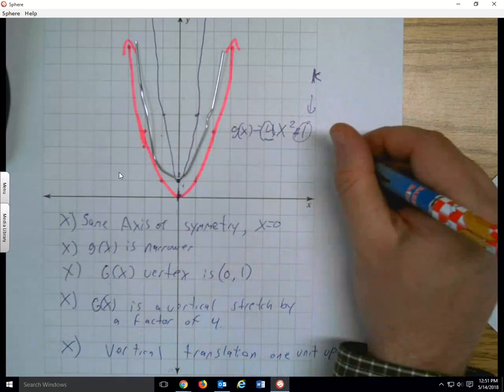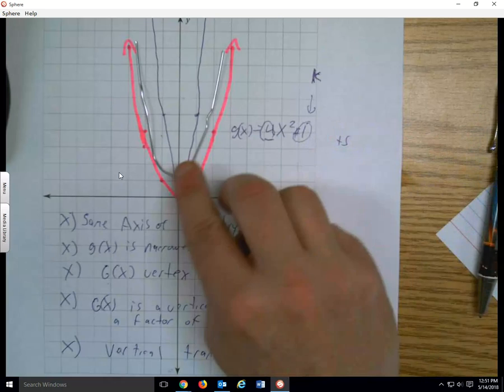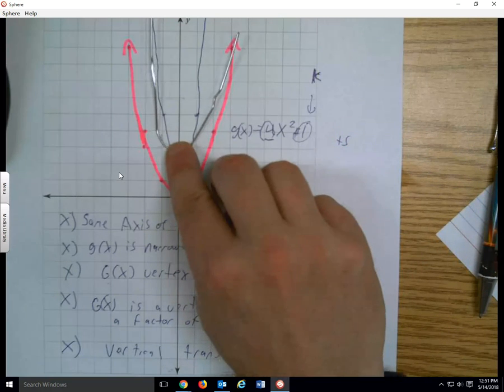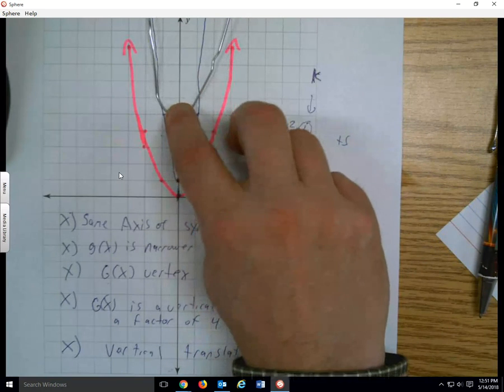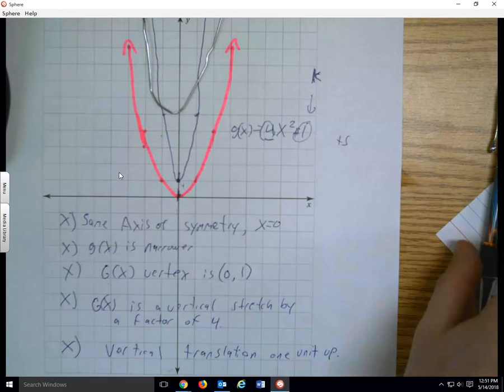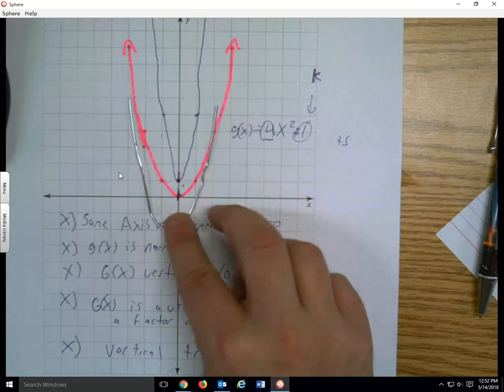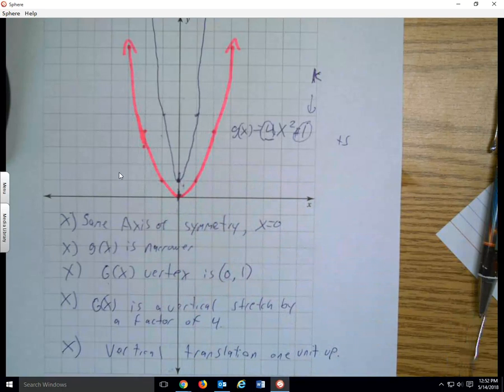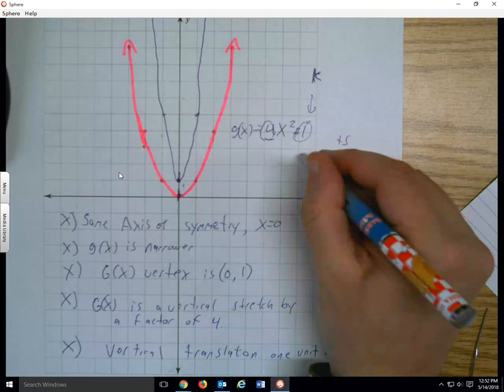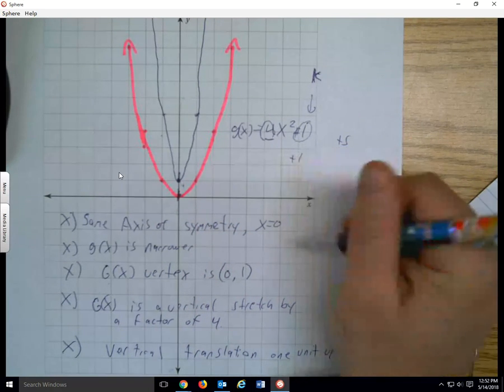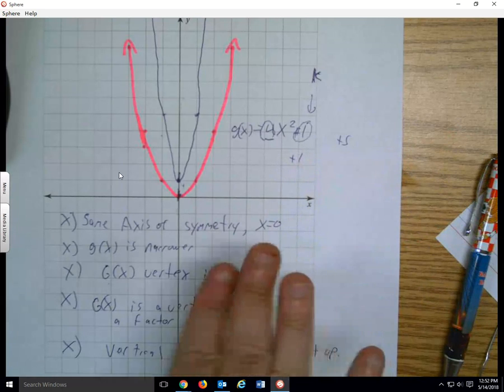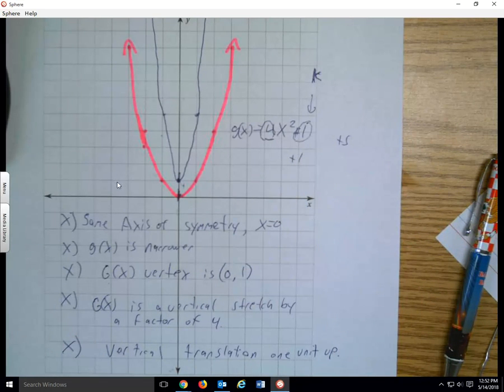So if k would have been plus 5, it would have gone up 1, 2, 3, 4, 5, it would have gone up 5. Right? If k were a negative 3, it would have gone down 1, 2, 3. So that's a good way to think of this last number. It just tells you whatever it says, that's how much you're moving the graph up or down. That's how much you're translating it.